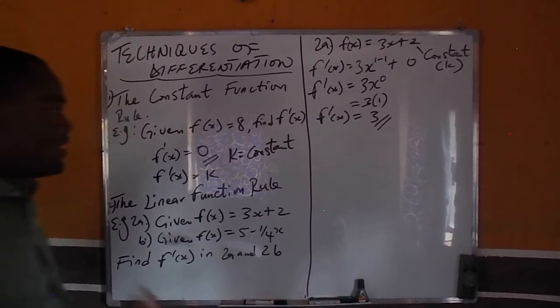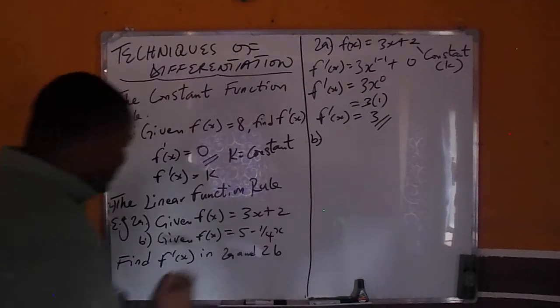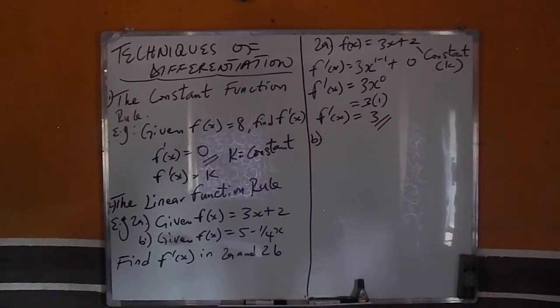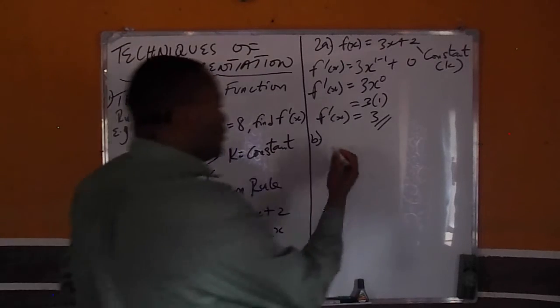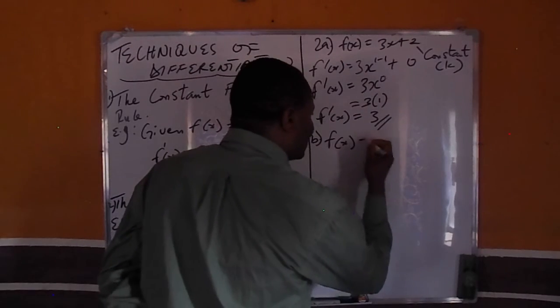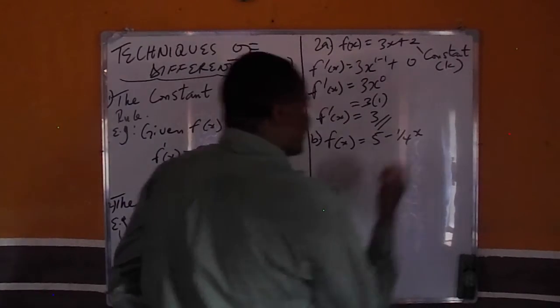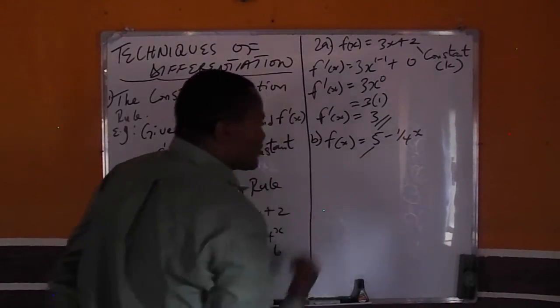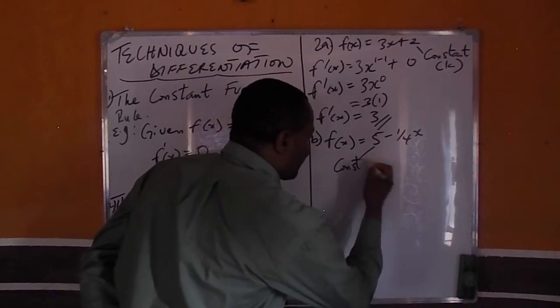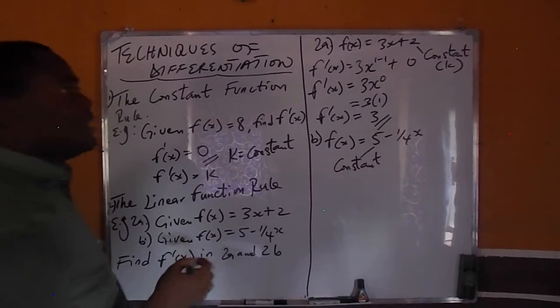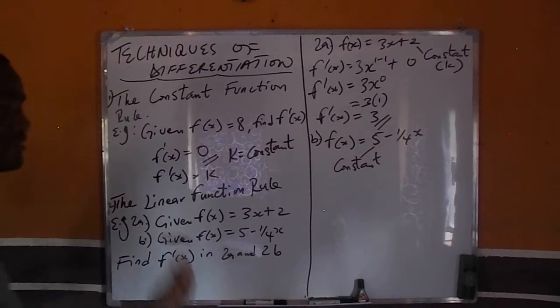Then we move to b. B says given f of x equals 5 minus 1 over 4x. We know that this 5 is constant. Now that it's constant, that will give us 0.